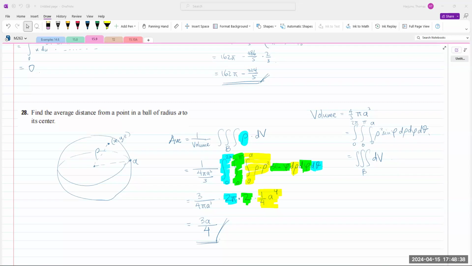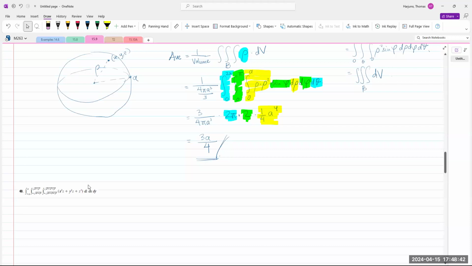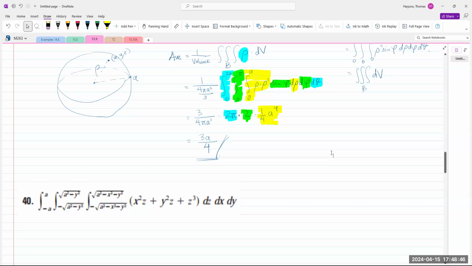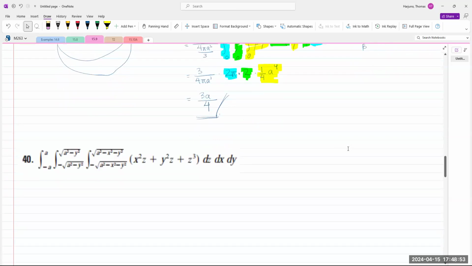So, given the triple integral in rectangular coordinate system, can we convert this into spherical? Let's sketch that first. Notice that y is from negative a to a.